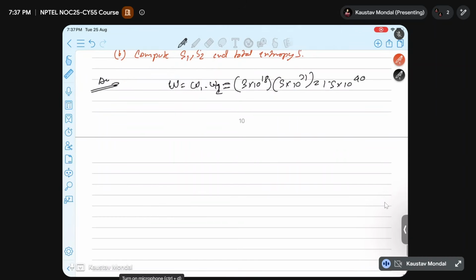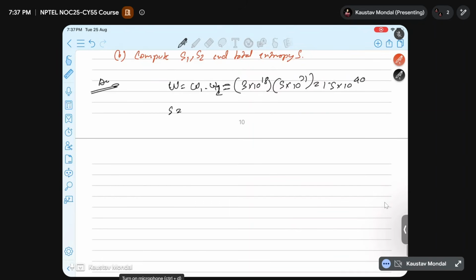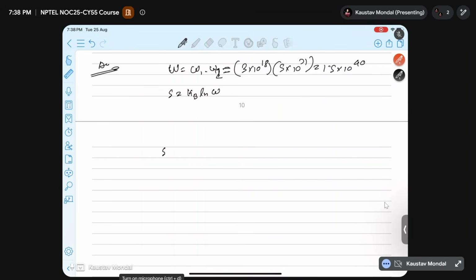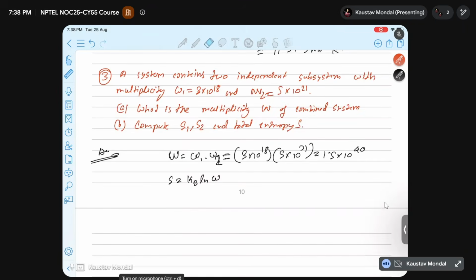Now from here you can calculate the S. So S is kB ln W. So first we will calculate S1.